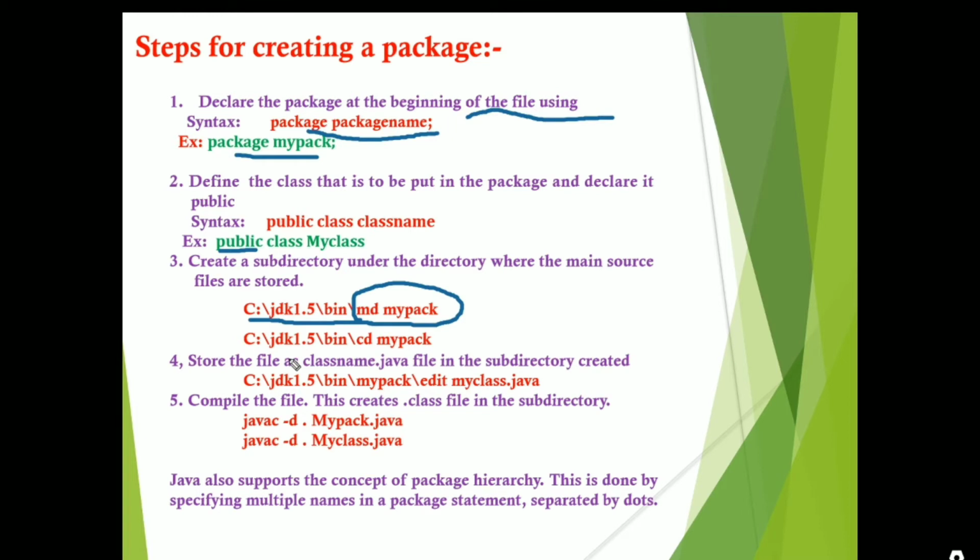After that, you can create the file with the class name. Here I am using MyClass, so we need to use MyClass.java as the file name. Here I am using edit, meaning you are creating the Java file MyClass.java. After creating the class file, when we compile this file by using javac, it generates the .class file in that subdirectory.